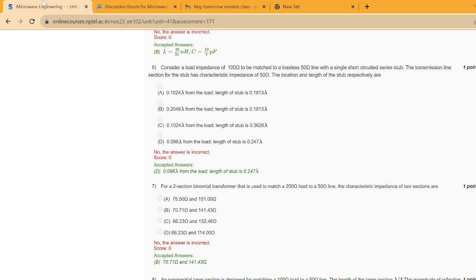For section 1, n is equal to 0. For section 2, n is equal to 1. These are the numbers to be followed. Then ln of 200 by 50. Can you find out Z1 from this? First evaluate this part and then find out Z1.